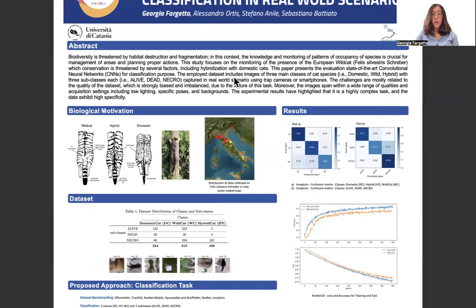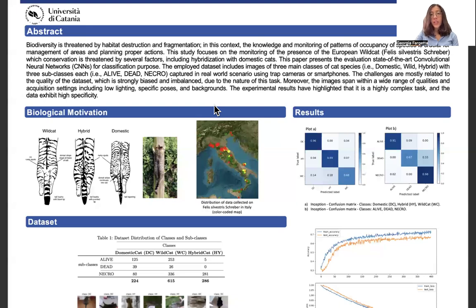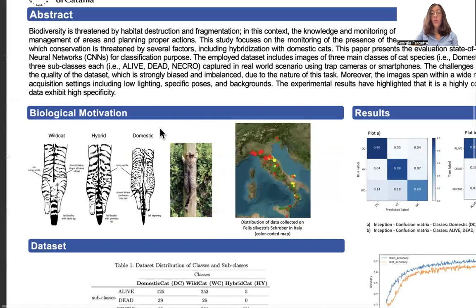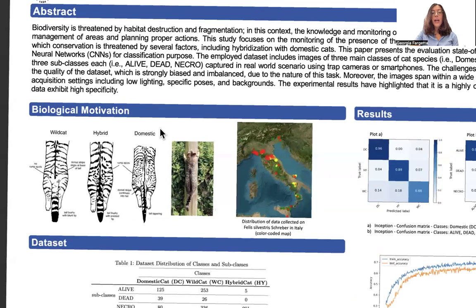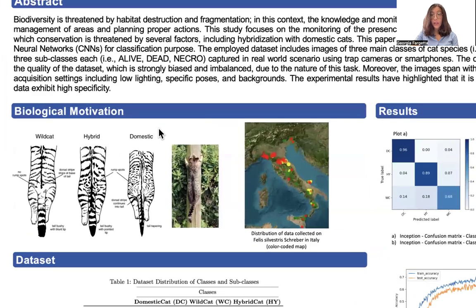The motivation of the biologist is to find and classify three different classes of cats, because they study a particular cat called Felis silvestris Schreber, that in Italy has a good percentage of cats, but is in extinction.